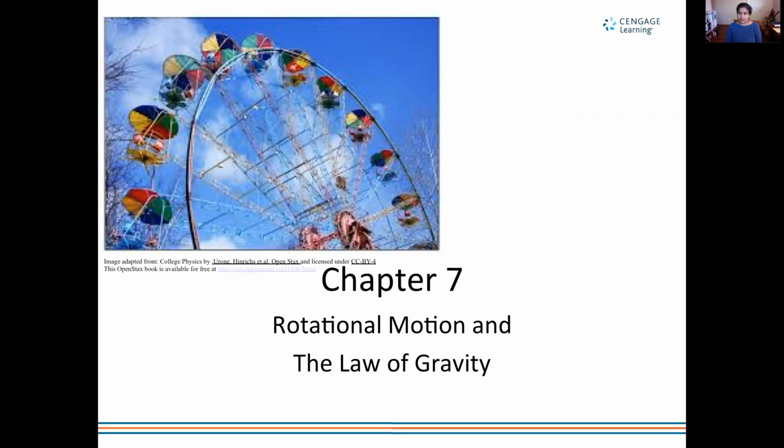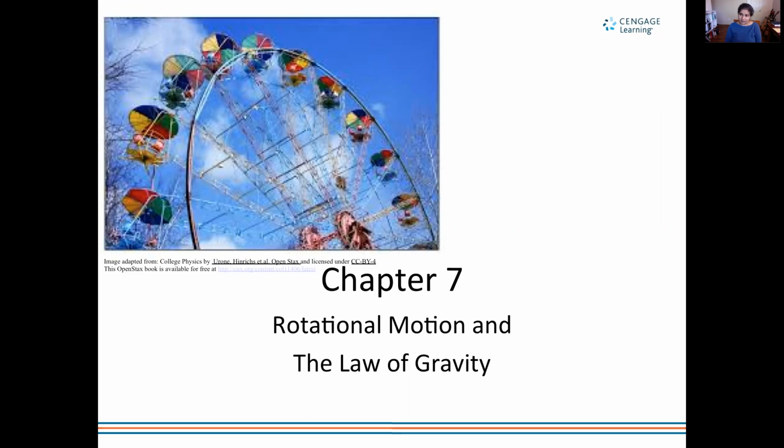So first, just like we did with linear motion, we're going to simply concentrate on describing the motion, which means the kinematics of the motion. If you try to recall, what were the 3 physical quantities that we defined in order to describe the motion, which was linear motion?